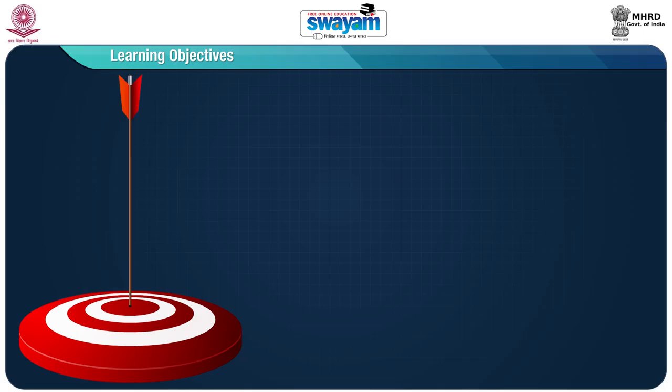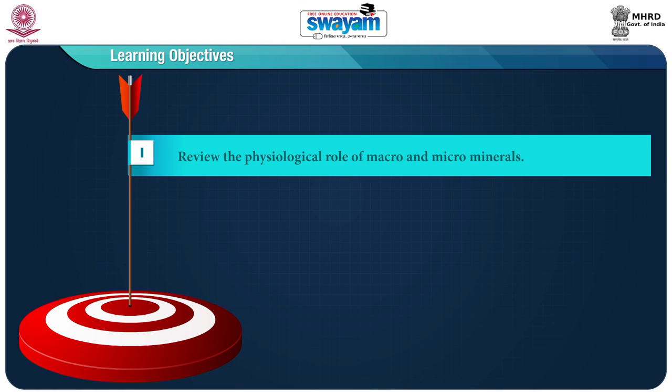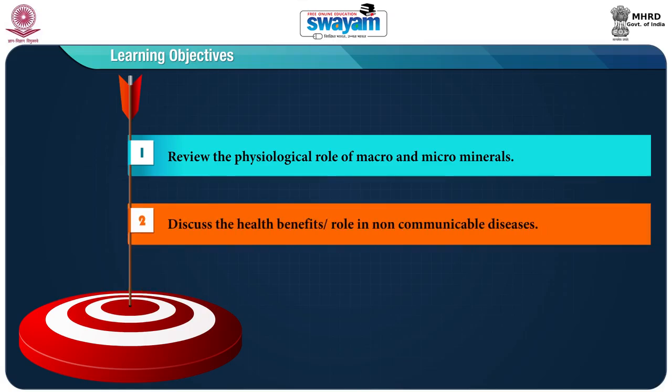Now, learners, after studying this module, you will be able to review the physiological role of macro and micro minerals or trace elements, as well as discuss the health benefits or role in non-communicable diseases.